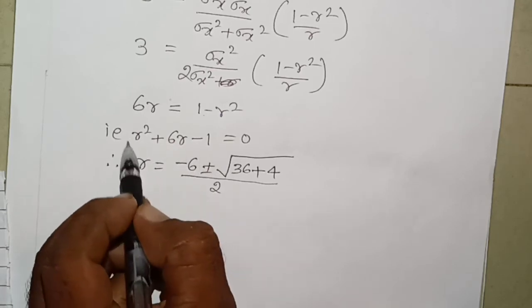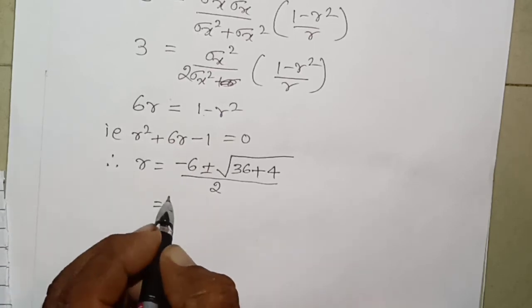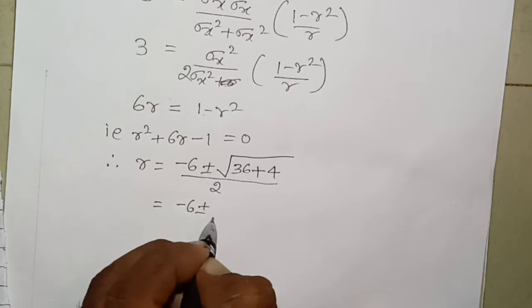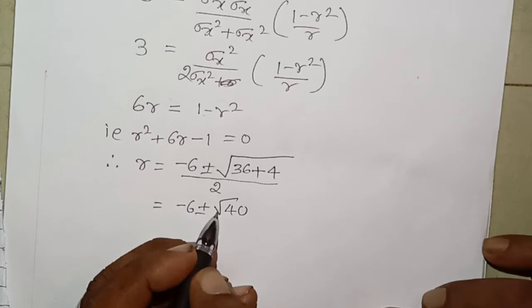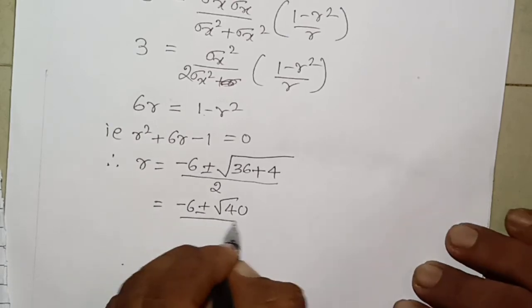So a is constant 1 here. So it is minus 6 plus or minus square root of 40 divided by 2.